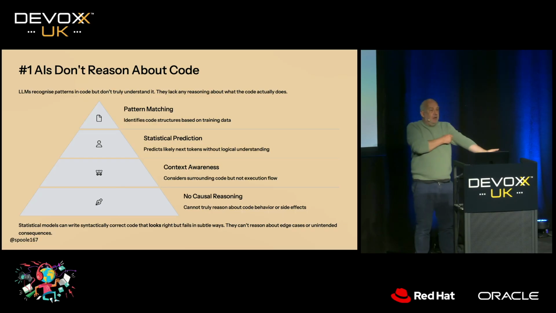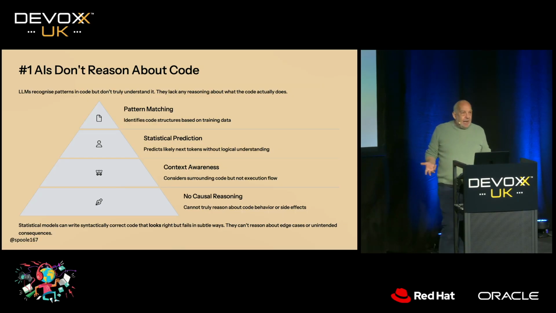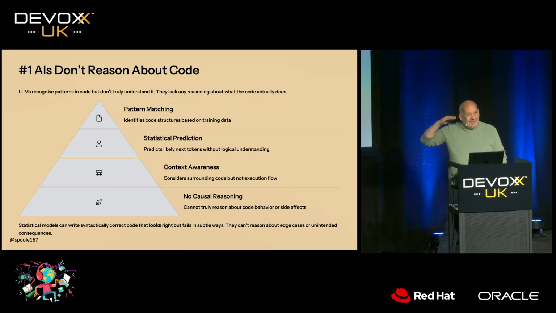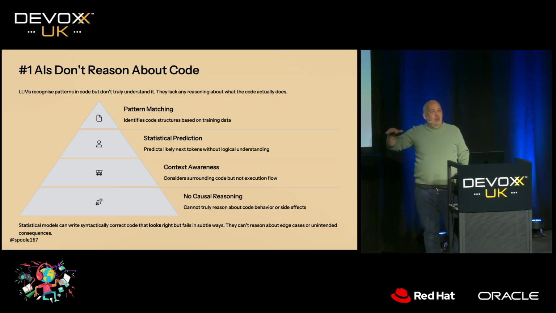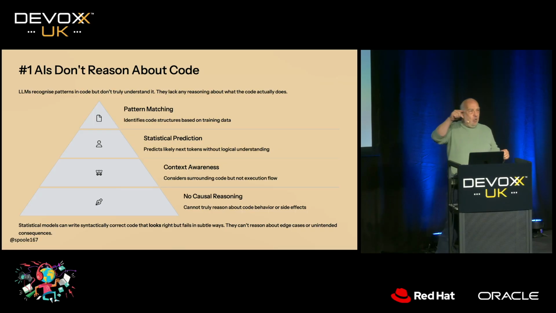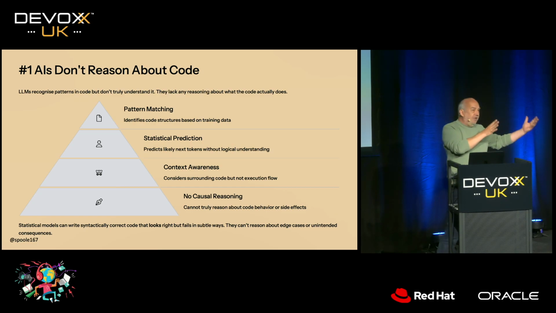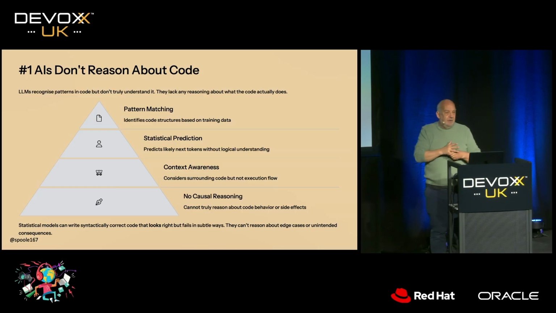AIs don't reason about code. That is absolutely true. You have to understand AIs are statistical tools. They are statistical reasoning. You give them all the code, all the text in the world, and it works out what the next thing should be based on all the context and circumstances and past data it's seen. It doesn't understand code, right?